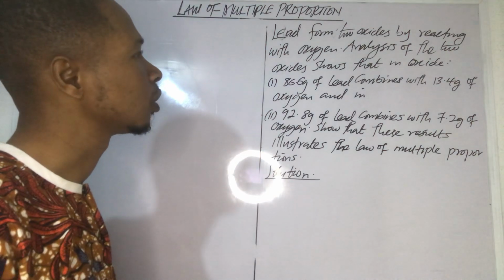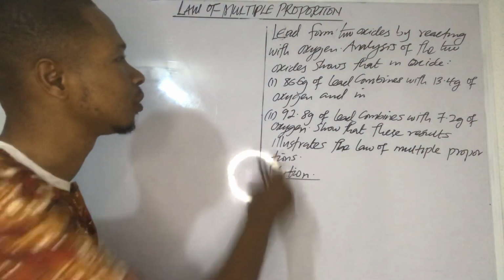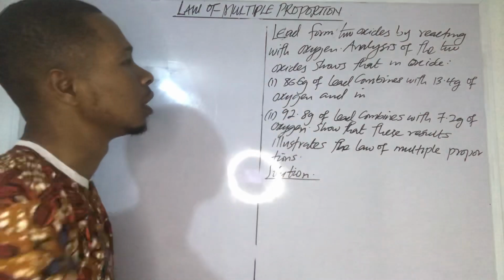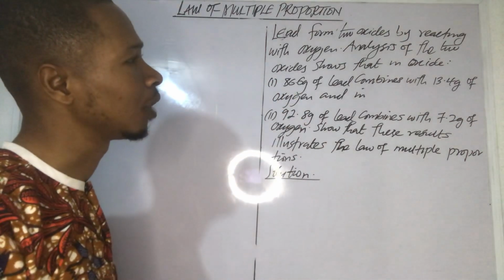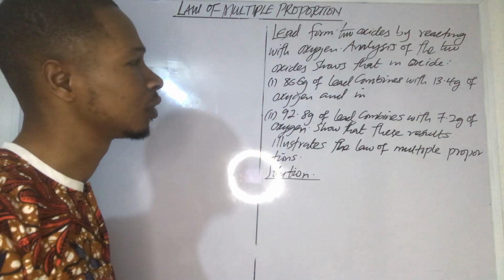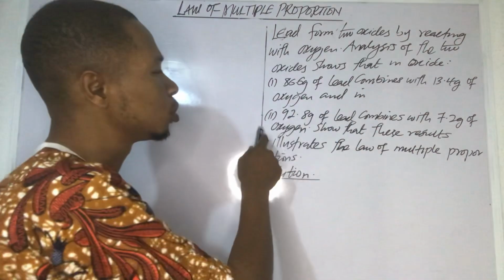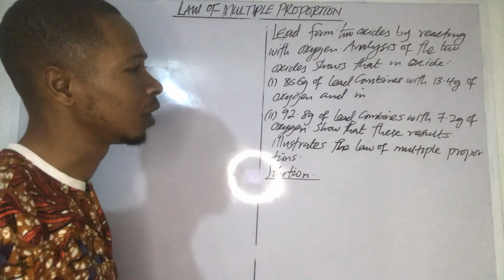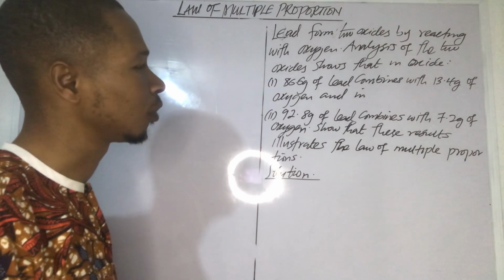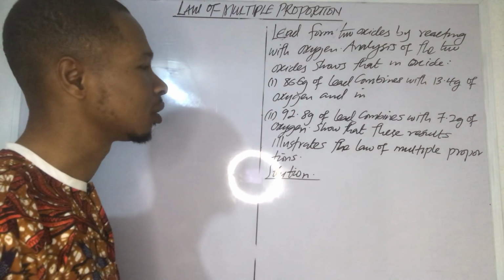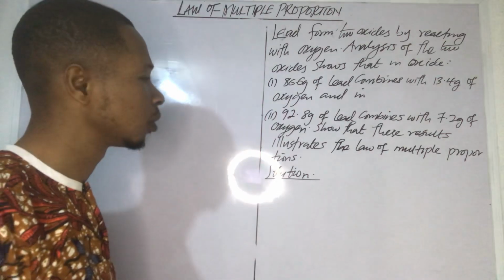Analysis of the two oxides shows that in oxide 1, 86.6 gram of lead combined with 13.4 gram of oxygen, and in oxide 2, 92.8 gram of lead combined with 7.2 gram of oxygen. Show that these results illustrate the law of multiple proportion.